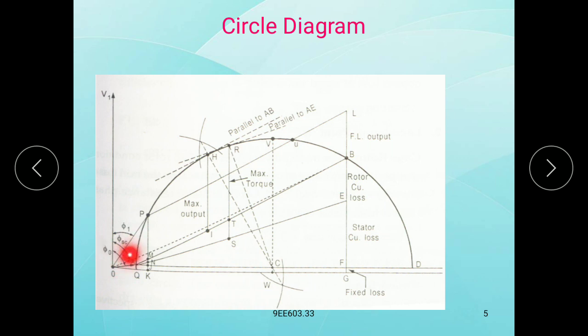Here phi s is between V1 and IS. Phi 1 is nothing but V1 and I1.